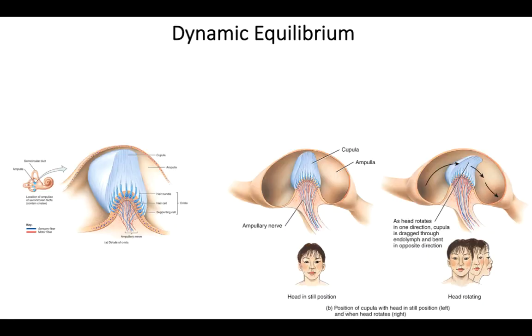Dynamic equilibrium is more rotational. All right, so when you're rotating your head side to side, gravity is not changing, but we need to be able to monitor that shifting of the head so we don't lose our balance. This is known as dynamic equilibrium. So we call it rotational acceleration deceleration.